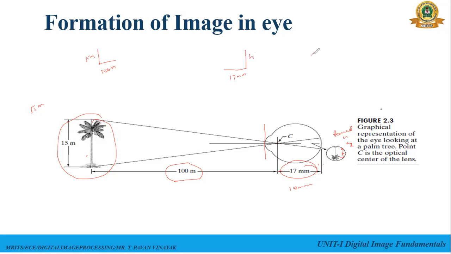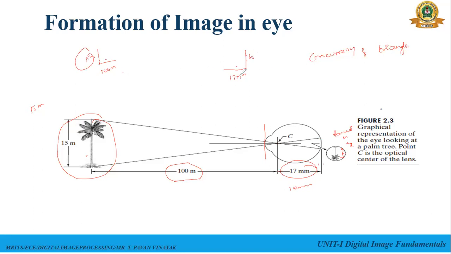Using similarity of triangles, if two triangles are similar, the ratios of their sides must be the same, because both look like the same triangle.